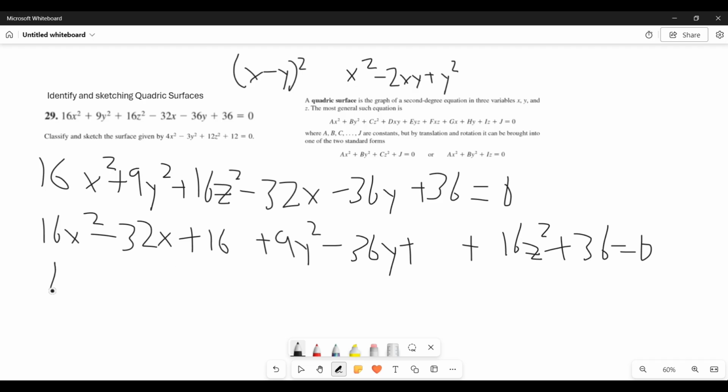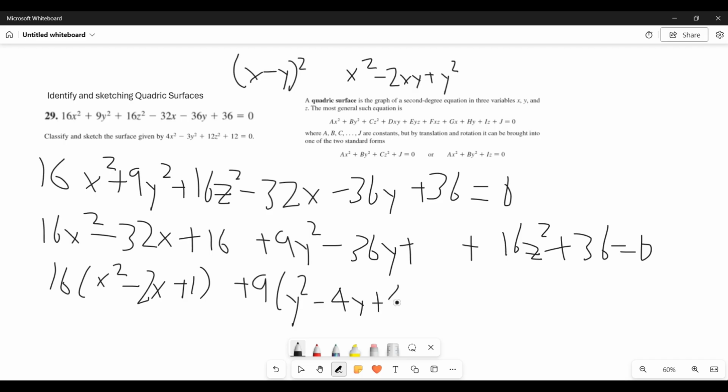So this is 16 times x squared minus 2x plus 1. So let's factor this out first. 9 and 36, it's pretty nice. 9 times y squared minus 4y. This is 2xy, so the y here is going to be 2.